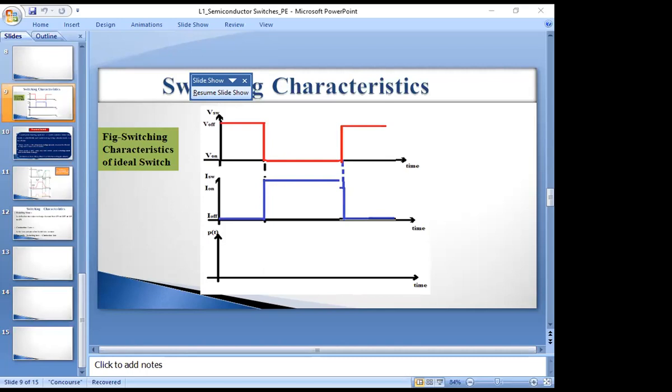Next. So we can divide this operation into some intervals. For example, T1, T2, T3, T4. Clear? So, for example, if we will take the time in x-axis, maybe a seconds or whatever.